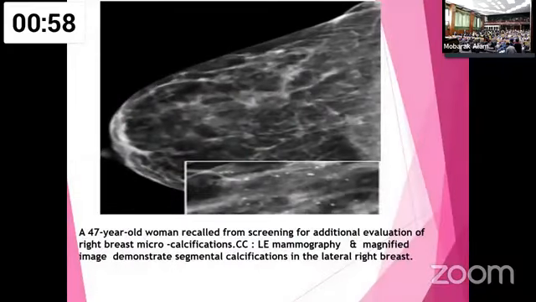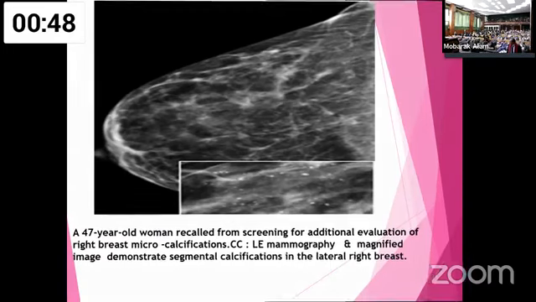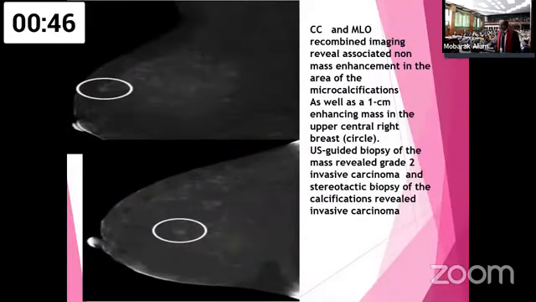This is a female presented with suspicious microcalcification. Low energy imaging and magnified imaging show that there is calcification in the right lateral breast. The recombined imaging at the site of microcalcification showed no masses, no enhancement.